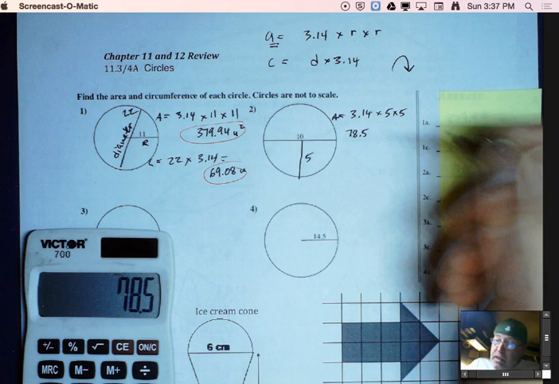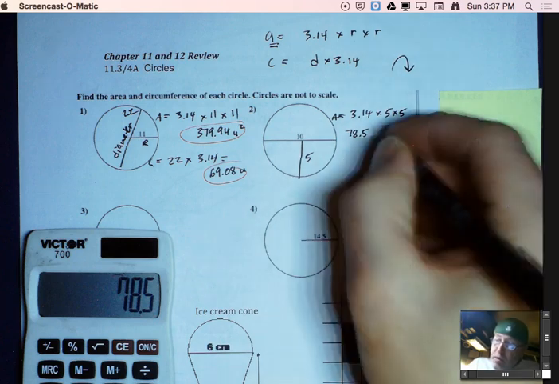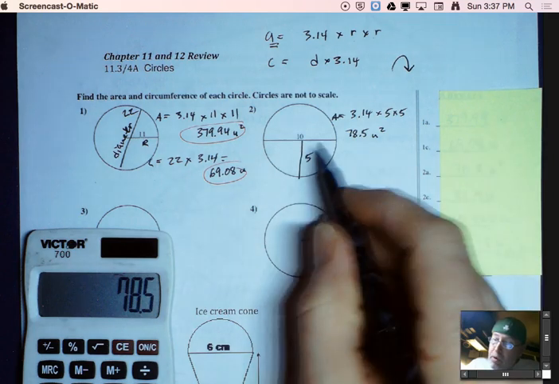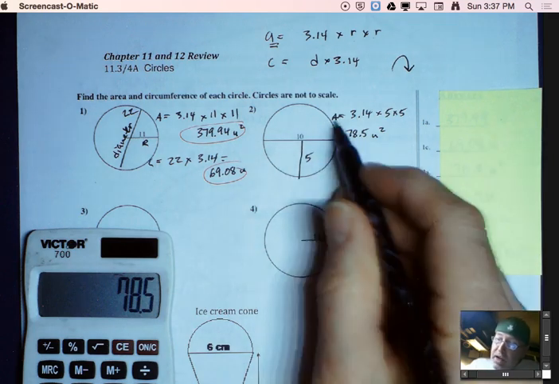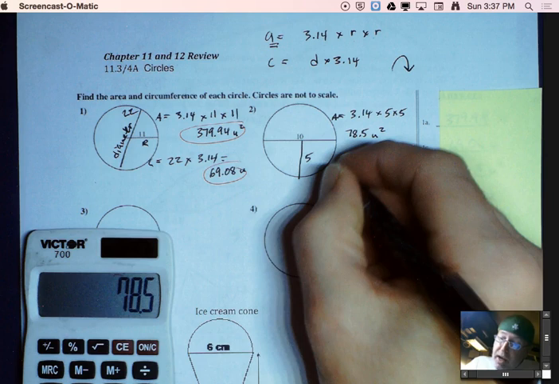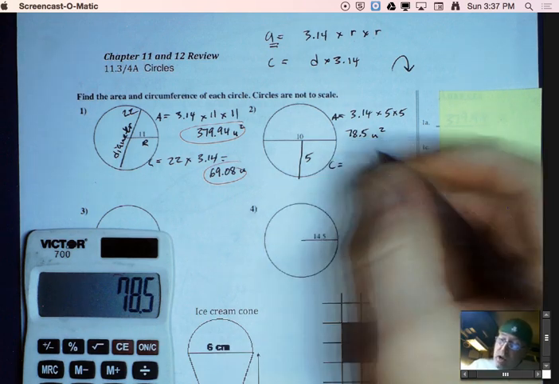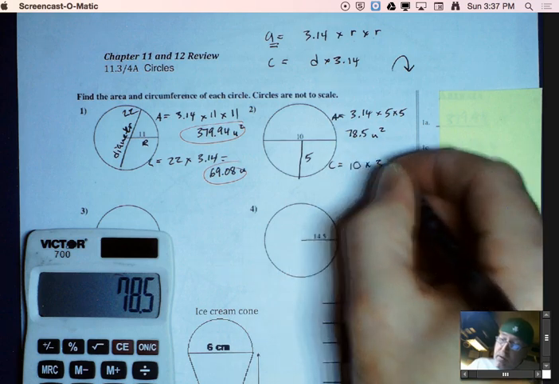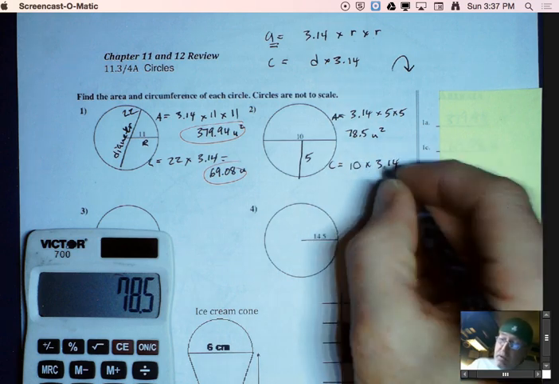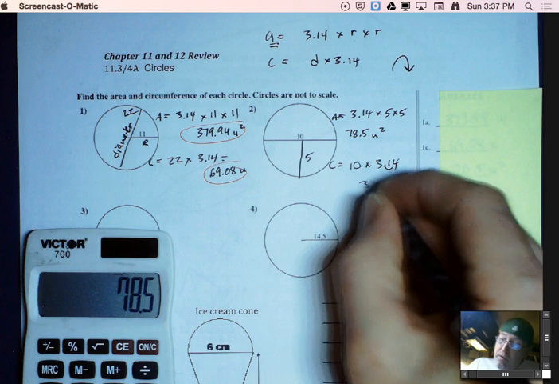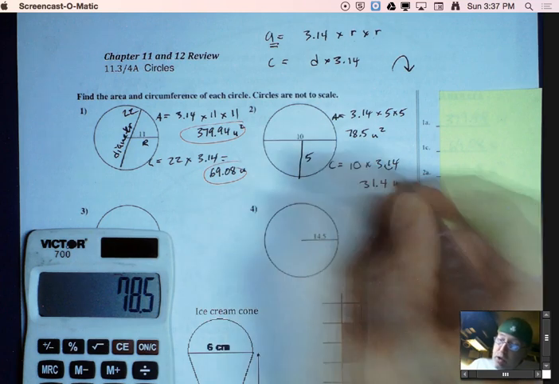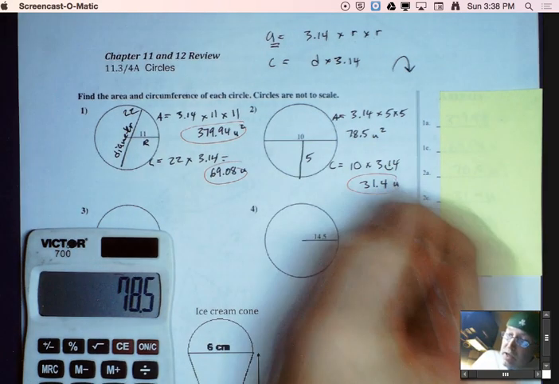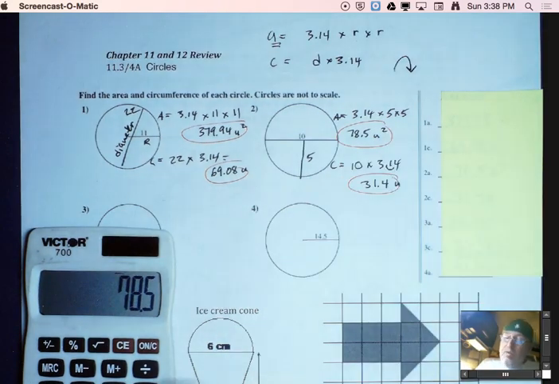Now that is going to be units squared again, because we're talking about the area of a circle. Now circumference is d pi is around, so we'll use the diameter. 10 times 3.14. We can just move the decimal here. Our answer is going to be 31.4 units. That's going around. Let's circle those in red. Let's move on to this next one.